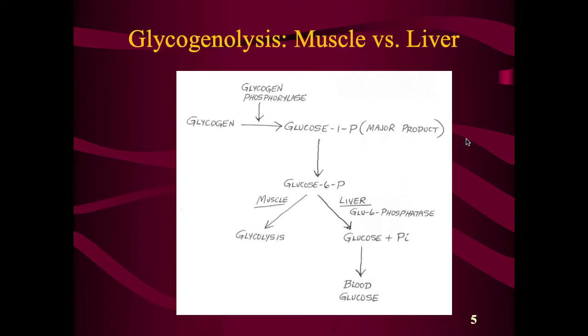So here's what we're looking at. Here's glycogen phosphorylase making this. And then we said we can do this. We just said in the liver we can do this. The liver has glucose 6 phosphatase. Muscle does not. That's very important. Muscle does not express glucose 6 phosphatase.